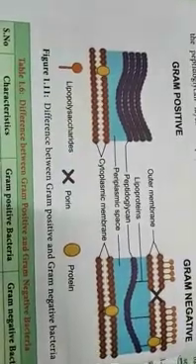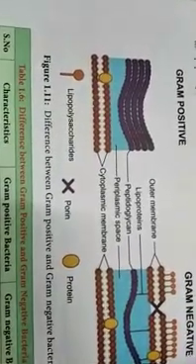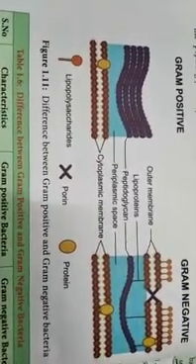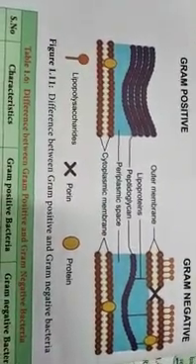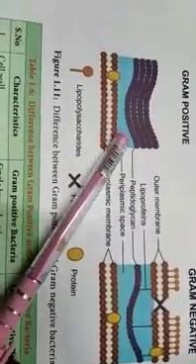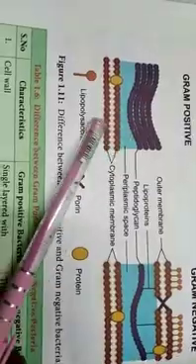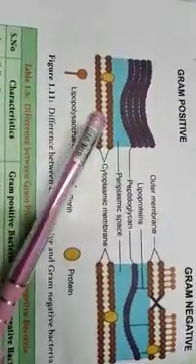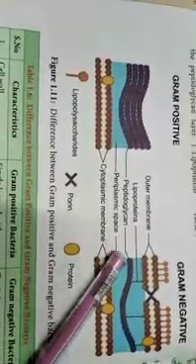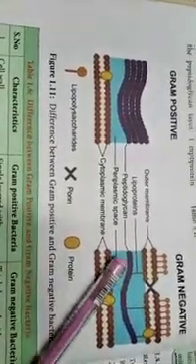Why does the bacterium retain the crystal violet color in gram positive, whereas this does not happen in gram negative? Gram positive bacterium contains a considerable amount of teichoic acid and teichuronic acid in its cell wall, while there is an absence of teichoic acid and teichuronic acid in gram negative bacterium.